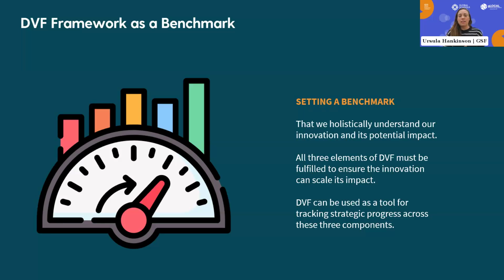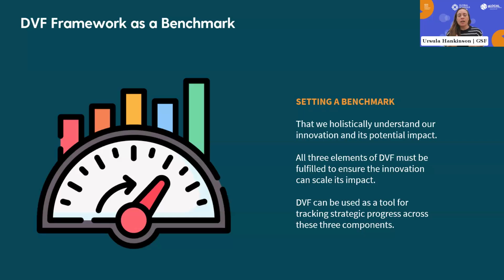And as Habeeb has already explained, we understand that all three elements of the DVF must be fulfilled to ensure that the innovation can reach its potential to scale. So we can use this as a benchmark to really understand where an innovation and an organization is starting from, and can be used to track progress across these components.